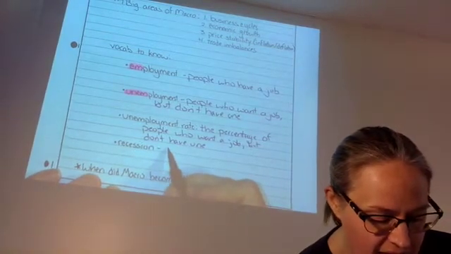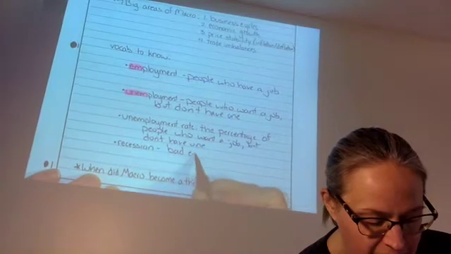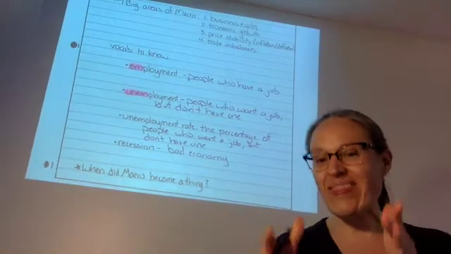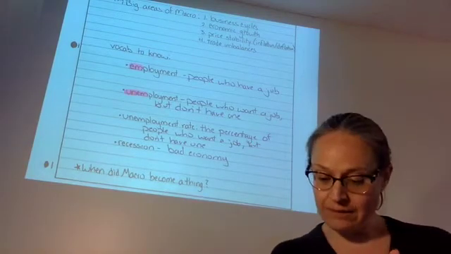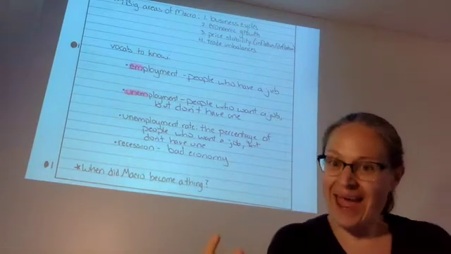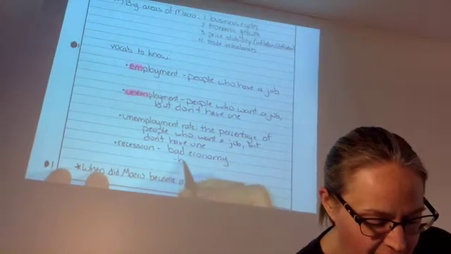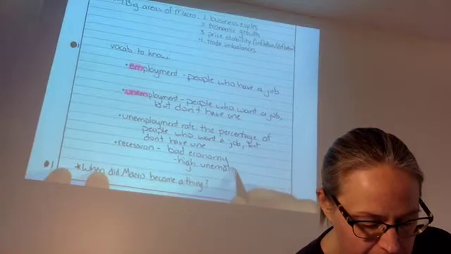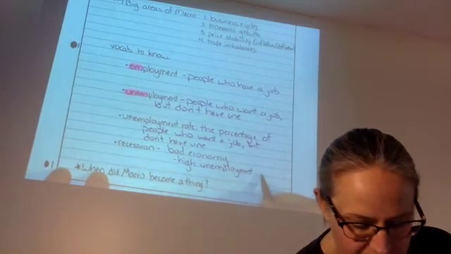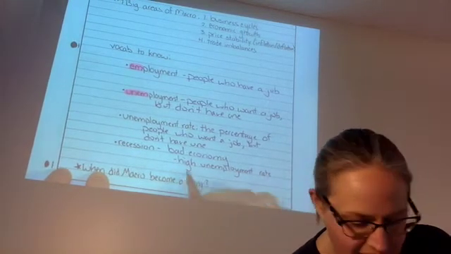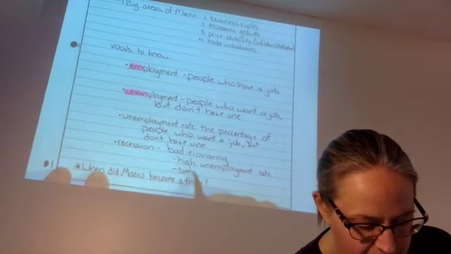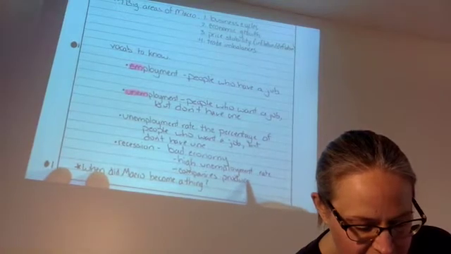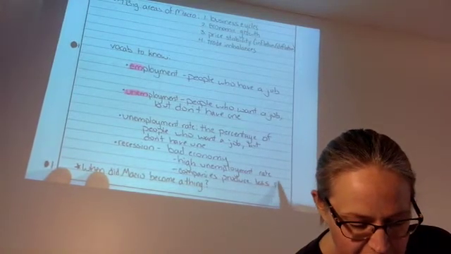That means a bad economy. So a recession is like a time when the economy is bad. And what do we mean by bad? Well, that means that there is a high unemployment rate. And that means that companies produce less stuff.